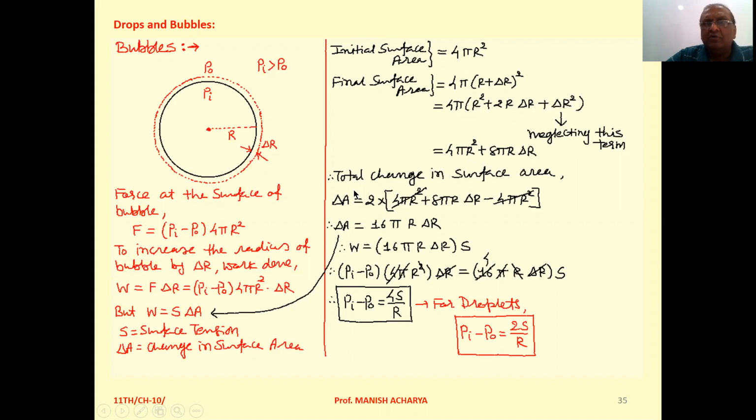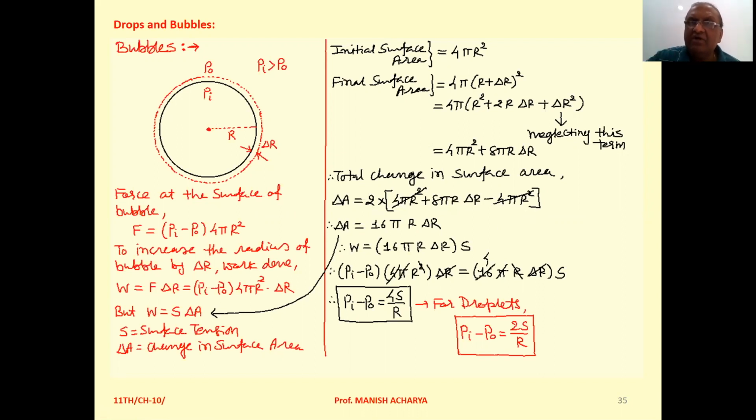Therefore, the total change in surface area is the final surface area minus the initial surface area. So final, that is 4 pi r square plus 8 pi r delta r, minus initial, that is 4 pi r square. But here this one is multiplied by 2 because for the bubble, inside the bubble and outside the bubble, air is there.